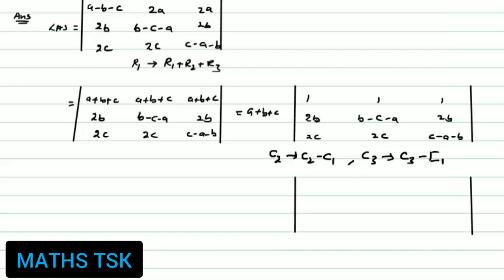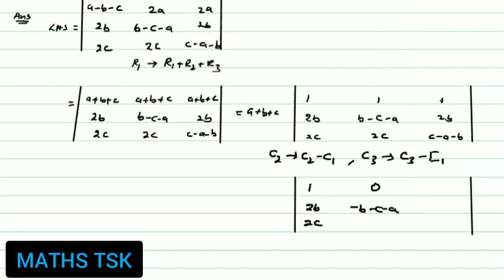Now, the first column is unaltered. So there is 1, there is 2b, there is 2c, and then 1 minus 1 is 0. And then b minus c minus a minus 2b is minus b minus c minus a.